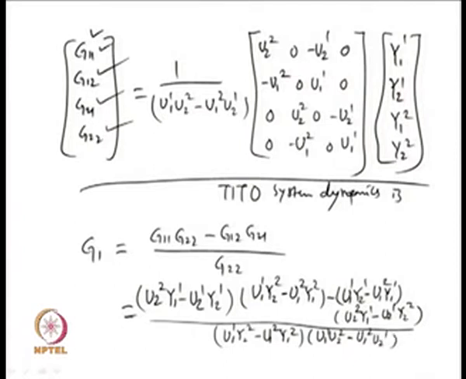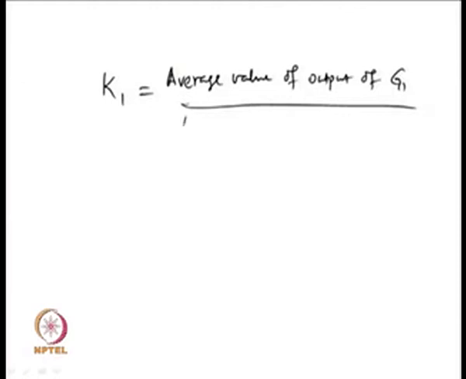Now, how do we find the steady state gains? When I take the average value of this, I get the K. What is K1? K1 is the average value of the output of G1 upon the average value of the input of G1.